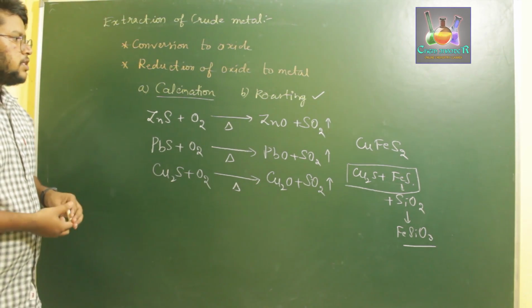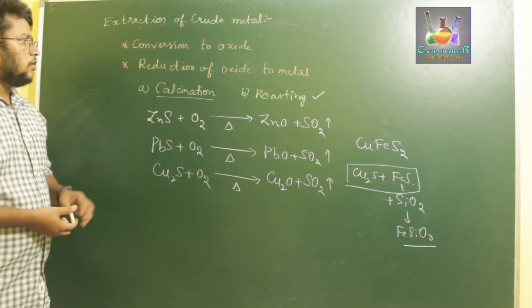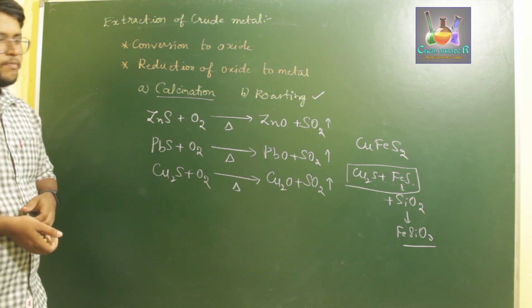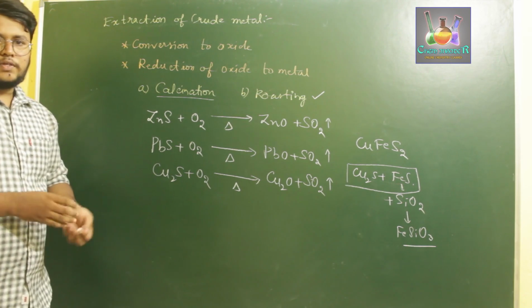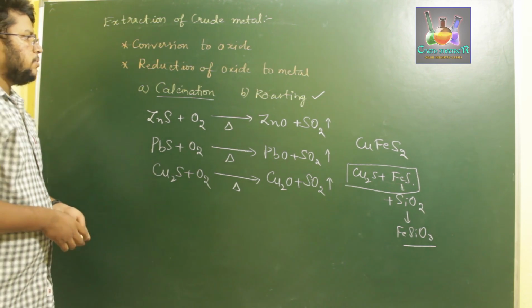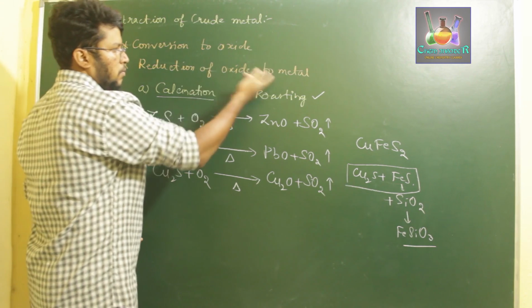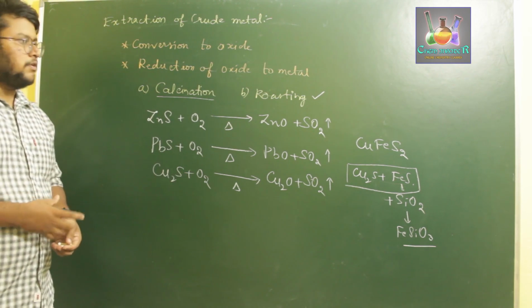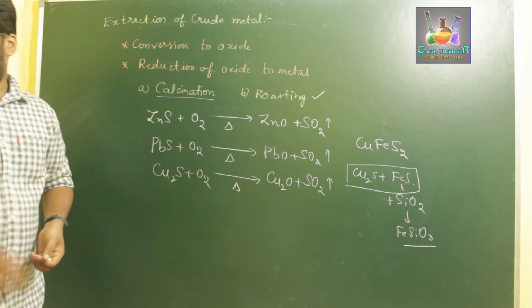Okay, so these are the methods for conversion of a concentrated metal ore to its respective oxides. Once this is done, we have certain metal oxides, and those now have to be converted to their respective metals. Now the second step comes into play, that is reduction of our metal oxide to its respective metal.